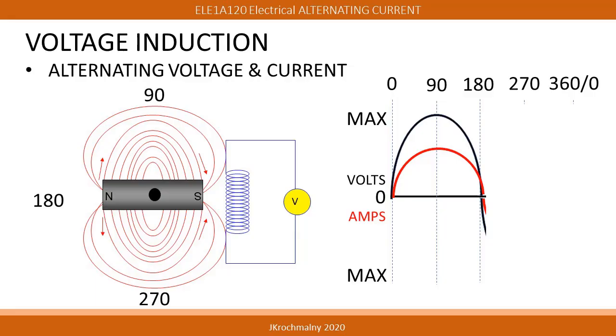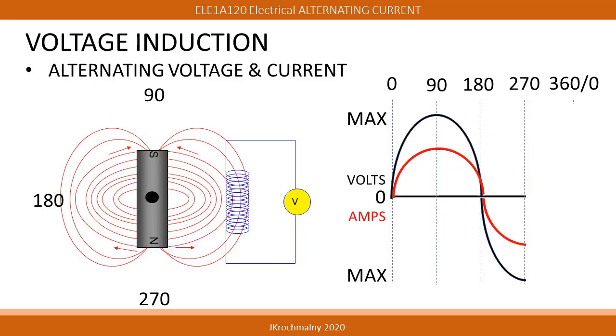Rotations from 90 to 180 degrees results in falling to 0 voltages and corresponding amperages. Rotating from 180 to 270 degrees results in a building of voltages and amperage values.